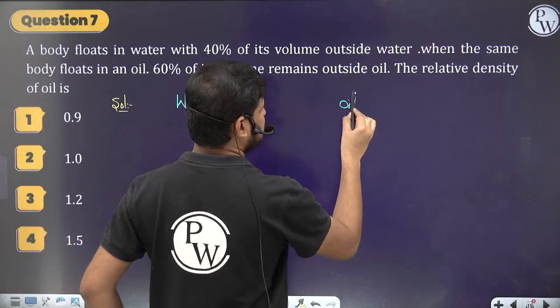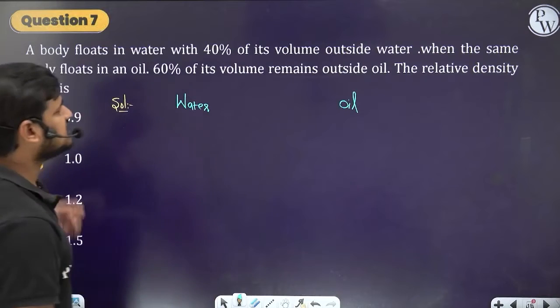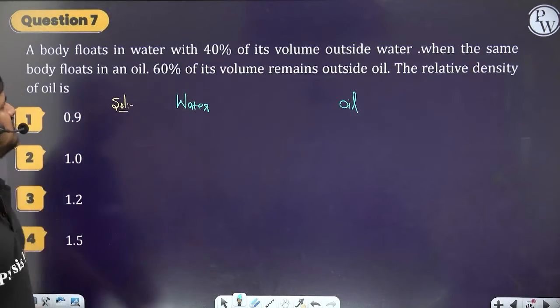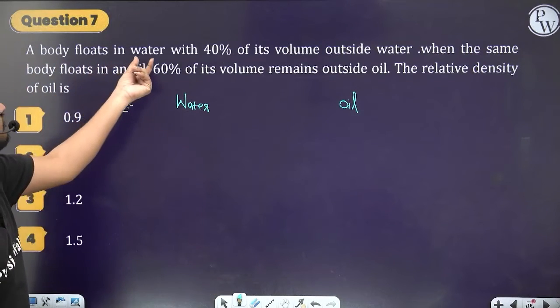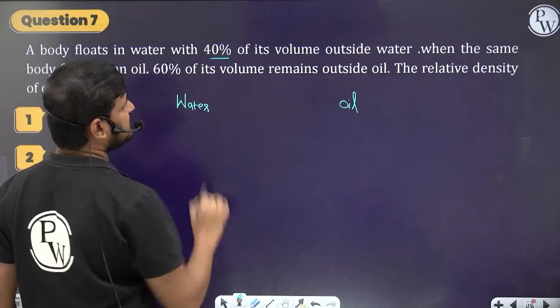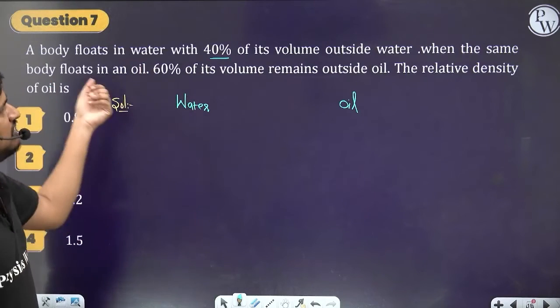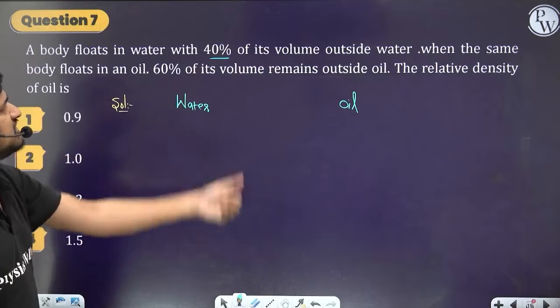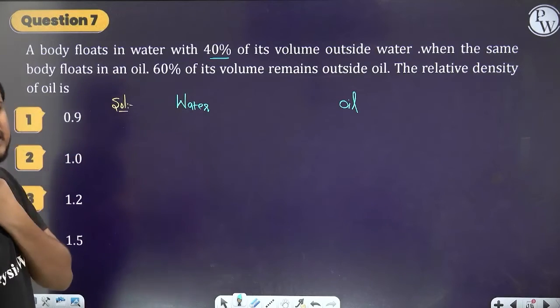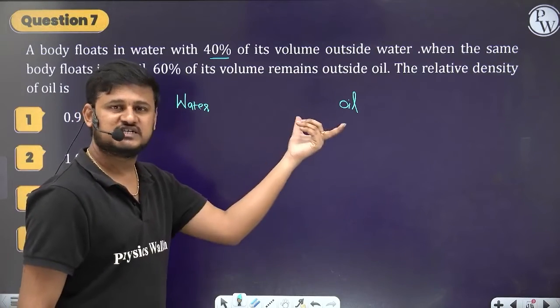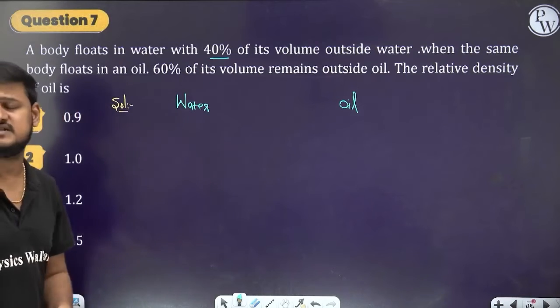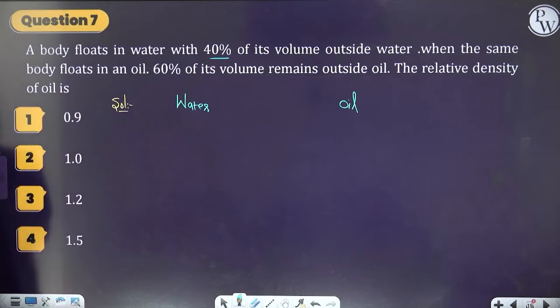Hope you can solve this easily now. They are asking the relative density. So just write these two equations, then equate them. The same manner as we did in the previous question. So try this.